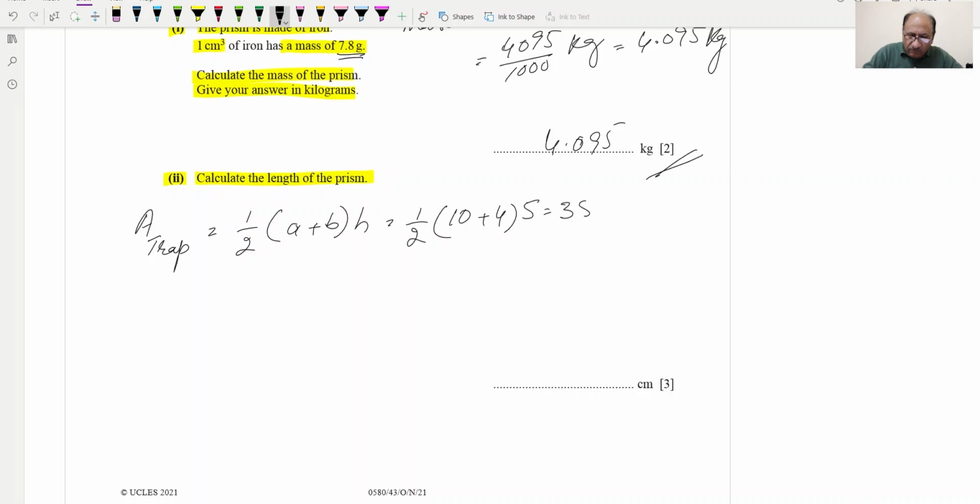So the face area is 35 centimeters squared.